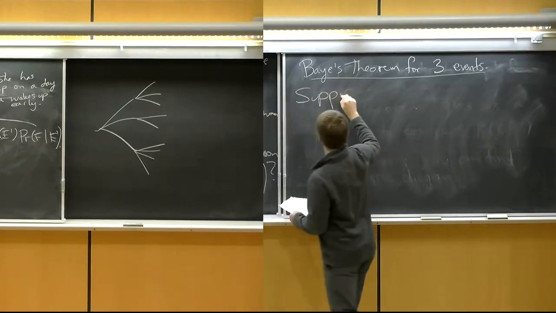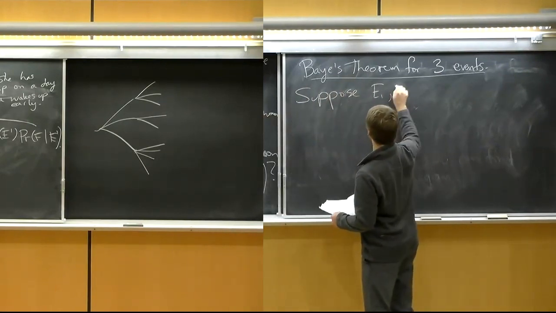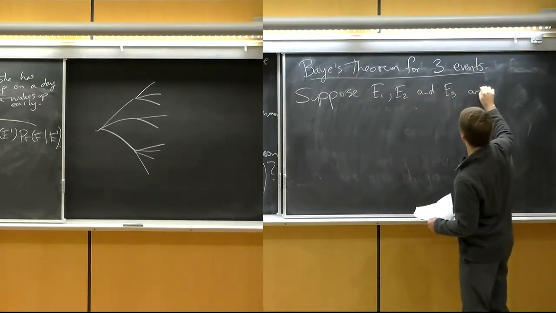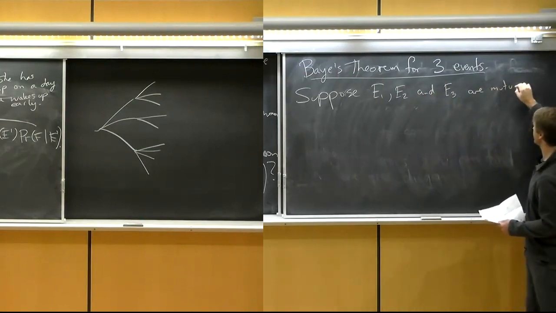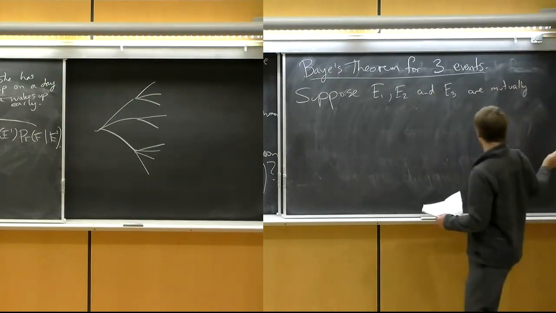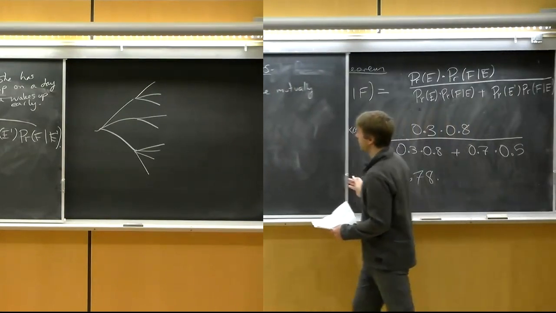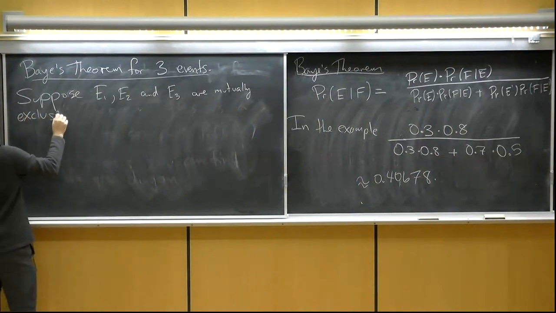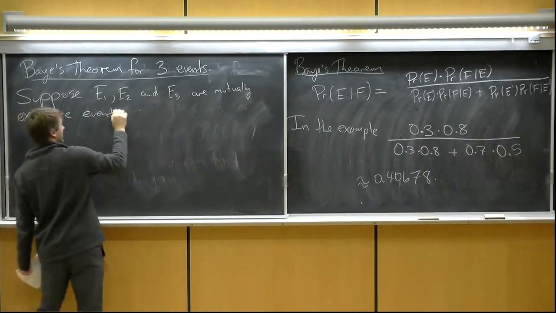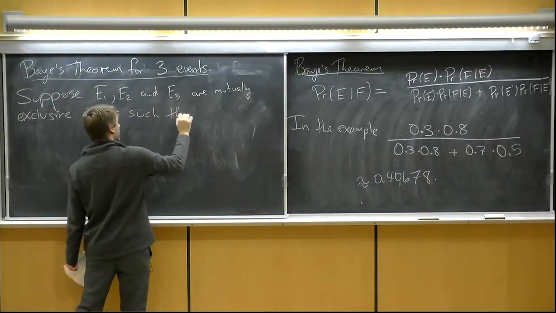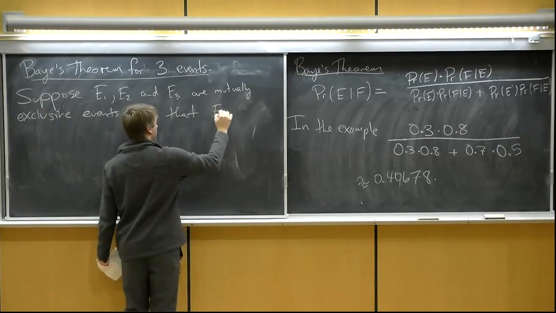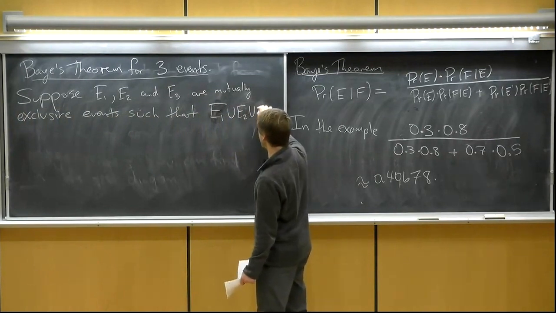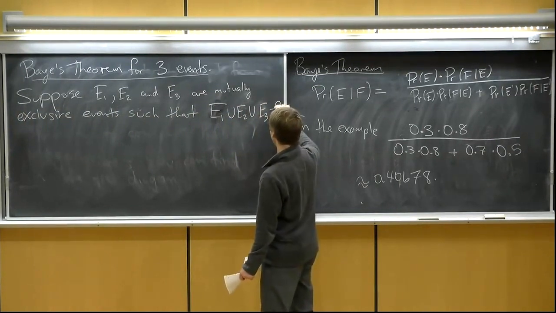So suppose that E1, E2, and E3 are mutually exclusive events such that E1 union E2 union E3 is the whole sample space.